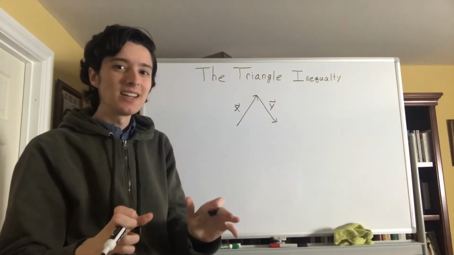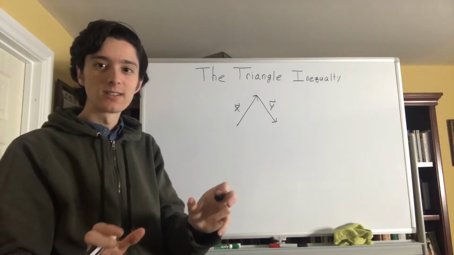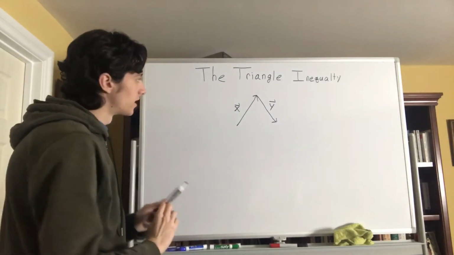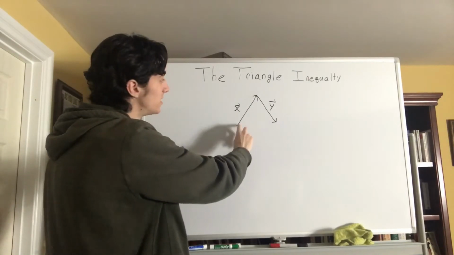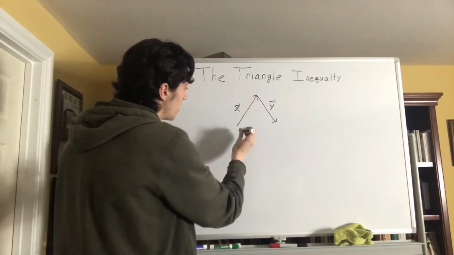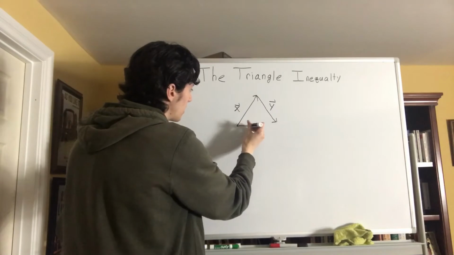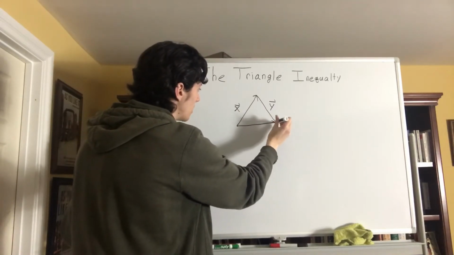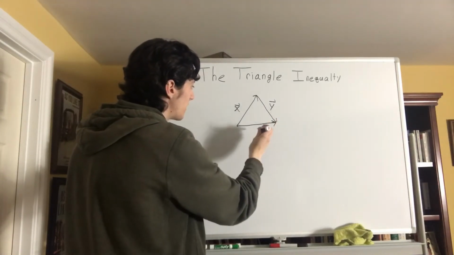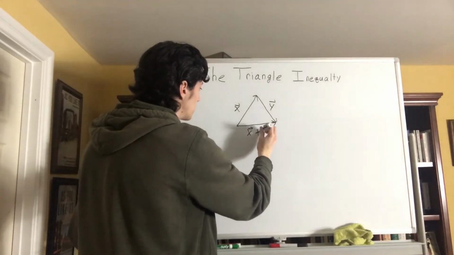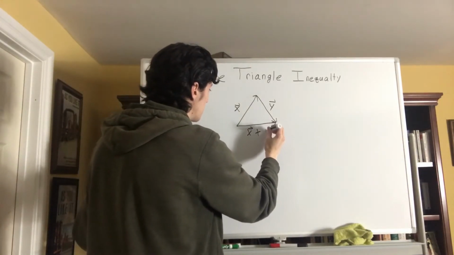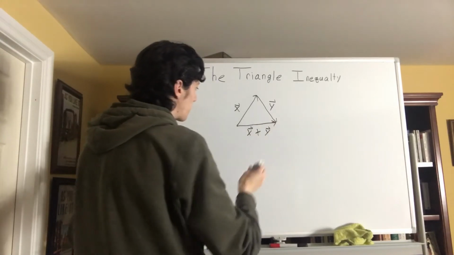And we define the sum of two vectors to be what the path would be if we go, call it, from tip to tail. And so by definition of vector addition, this vector down here is the vector x plus the vector y.